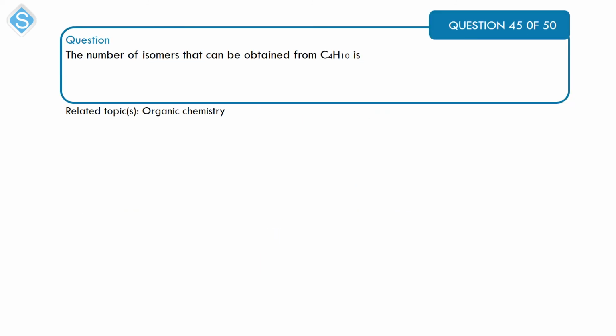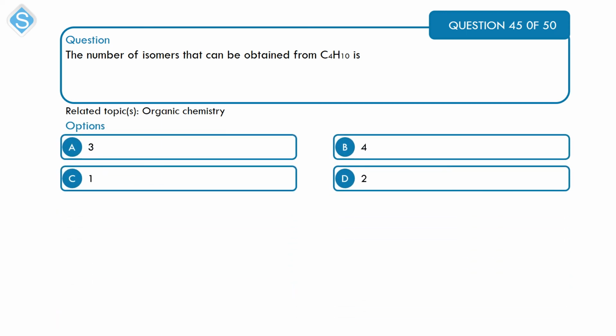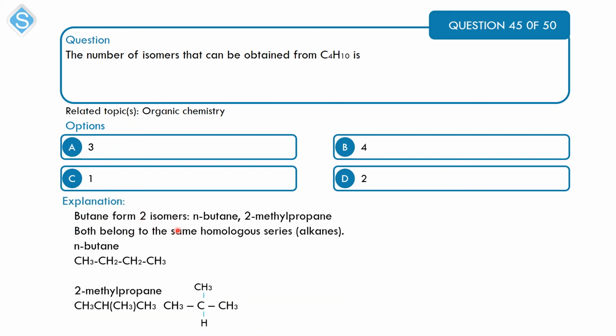Alright, next question on organic chemistry. The number of isomers that can be obtained from butane, that's C4H10, is A, 3, B, 4, C, 1, and D, 2. Alright, butane has 2 isomers, and that is n-butane and 2-methylpropane.